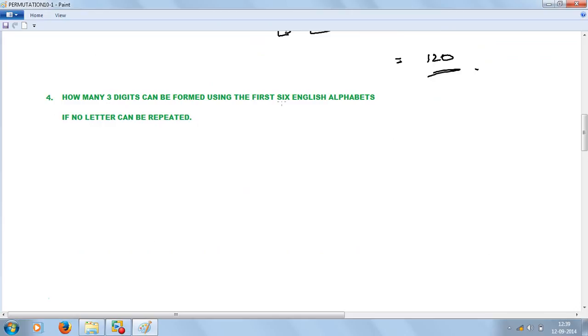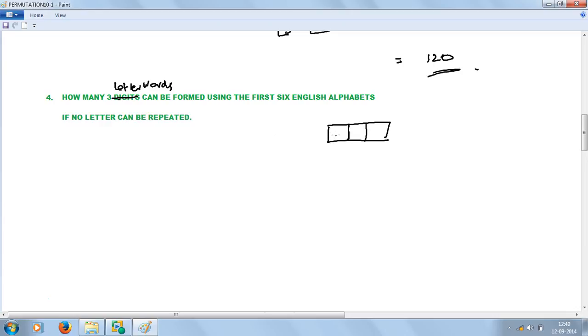Now, how many three-letter words can be formed using the first six English alphabets, if no letter can be repeated? So, we can use only three letters.